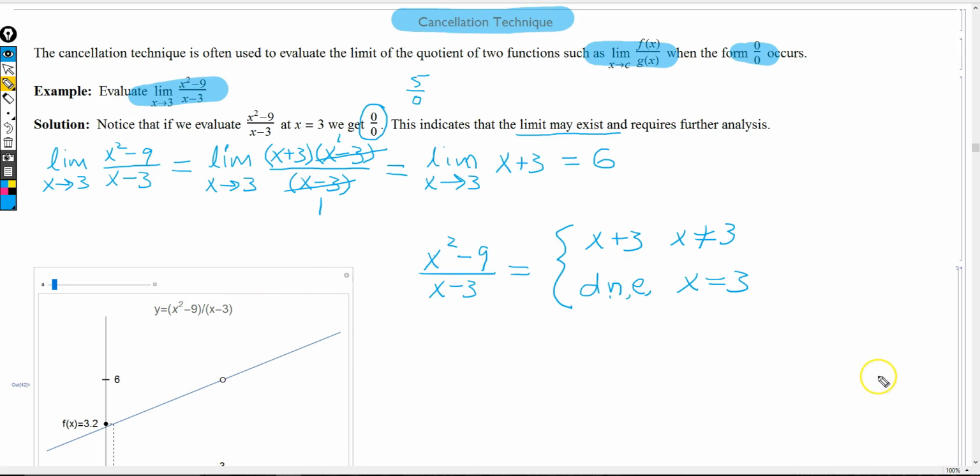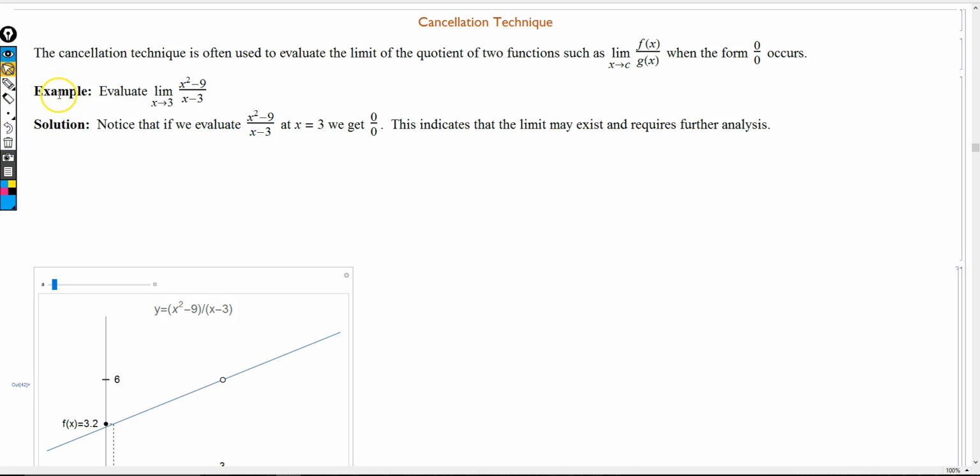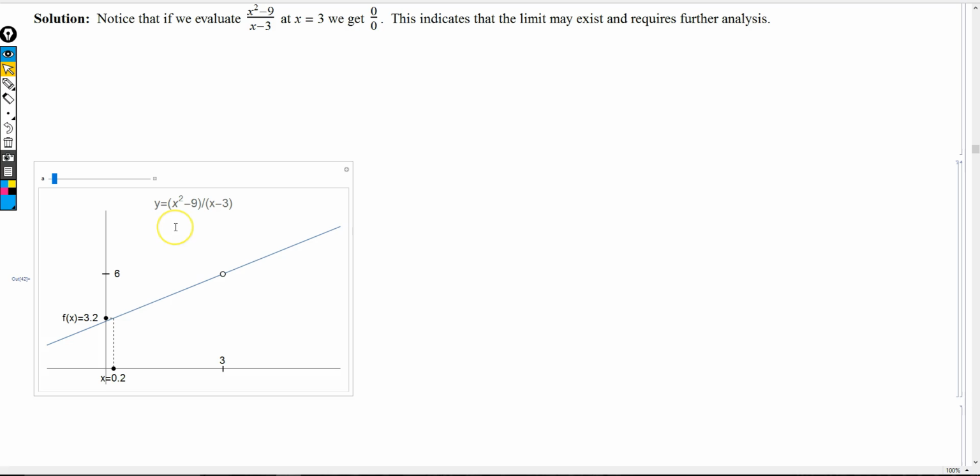Now down here, if you take a look at this graph, this will explain graphically what's going on. What you have here is the graph of x plus 3.